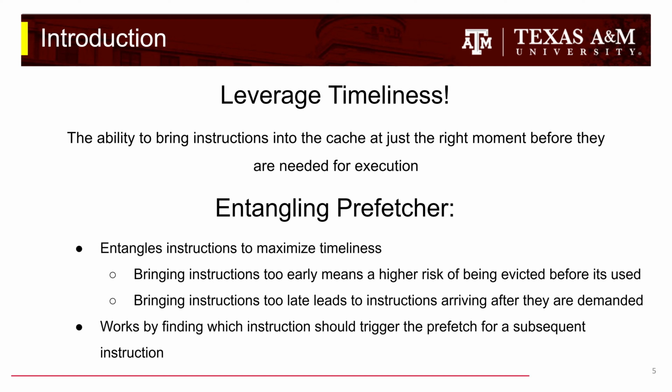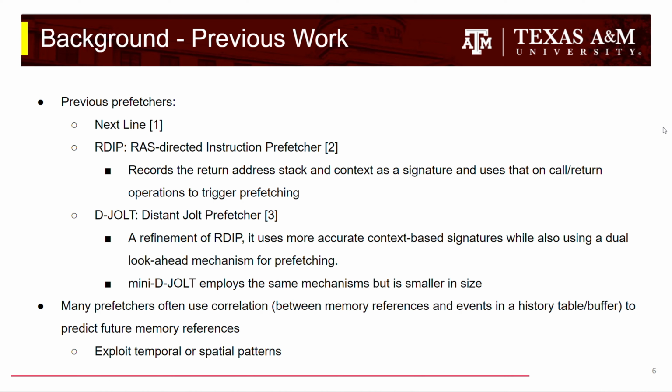Now, two major challenges that the entangling prefetcher encounters is that bringing instructions too early means that there is a higher risk of being evicted before it is used. And the other challenge is that bringing instructions too late can lead to instructions arriving after they are demanded. So the entangling prefetcher works by finding out which instruction should trigger the prefetch for a subsequent instruction.